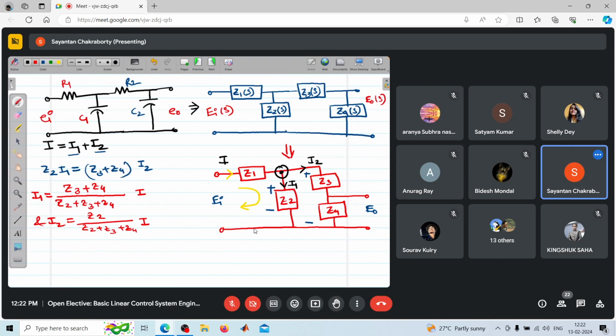Now you can write E0. What is E0? This one, that is Z4 I2, that is Z4 into Z2 by Z2 plus Z3 plus Z4 I, and from the inner loop or this yellow loop, what you can write?